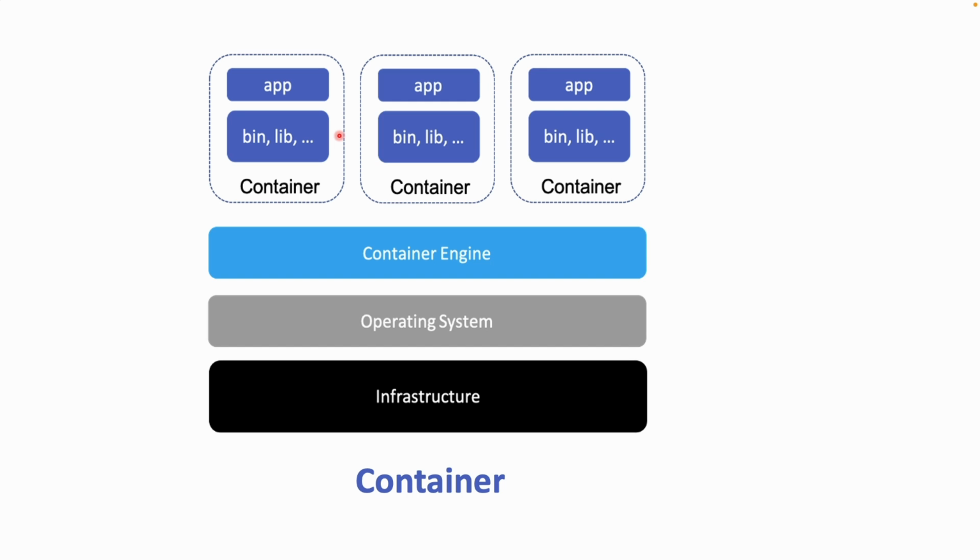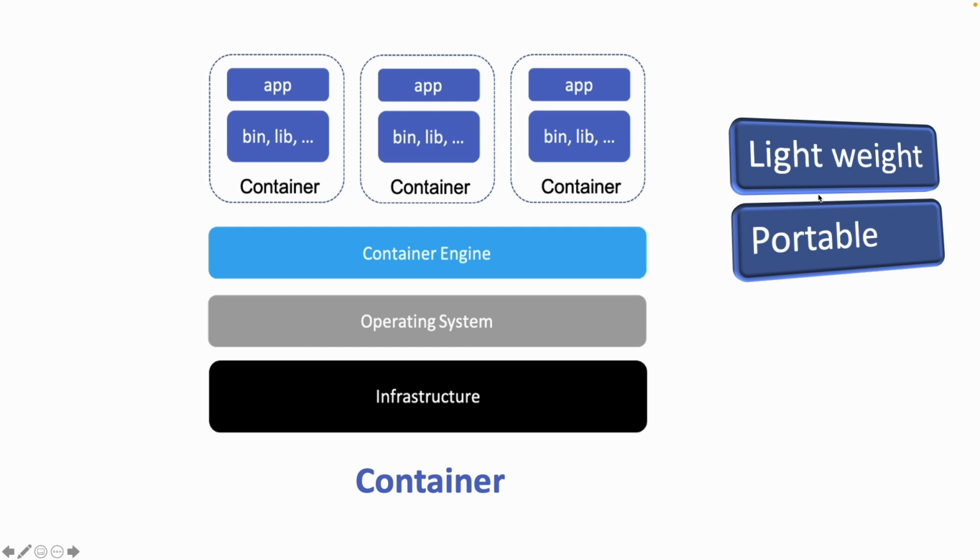You can treat the container and hardware as a black box, so you can move your code from development to staging, or from development to production, or even from your laptop to the cloud without changing or rebuilding anything. So that's why we can say that a container is lightweight and very portable.